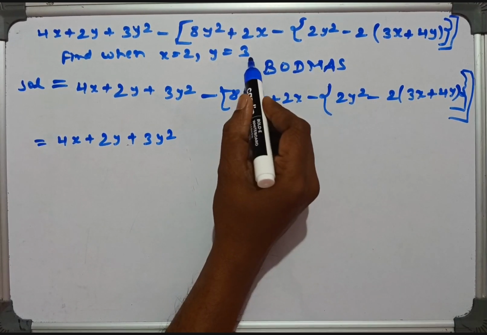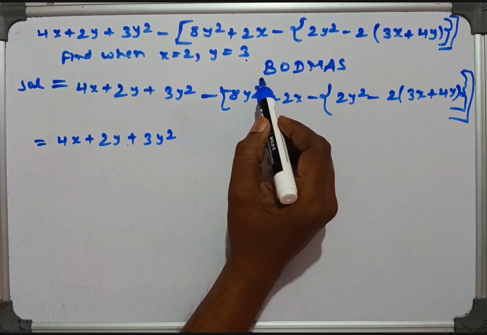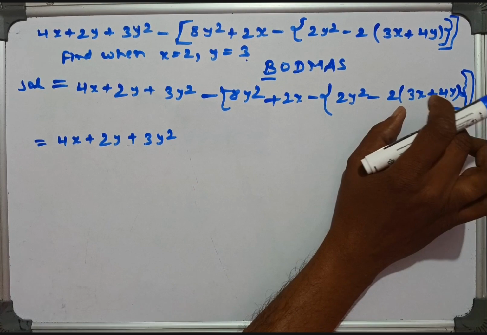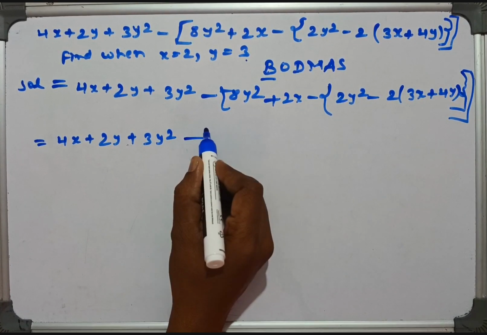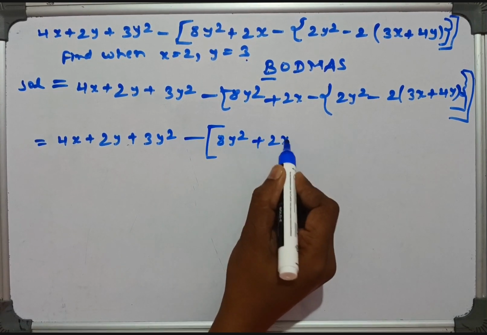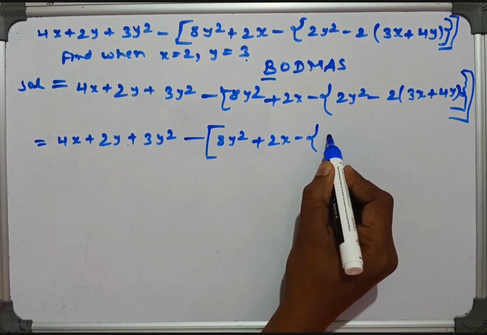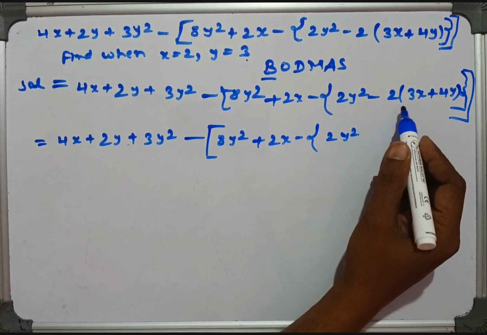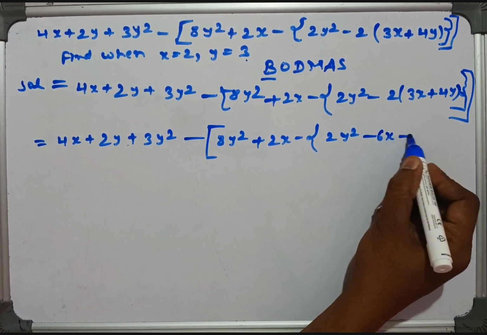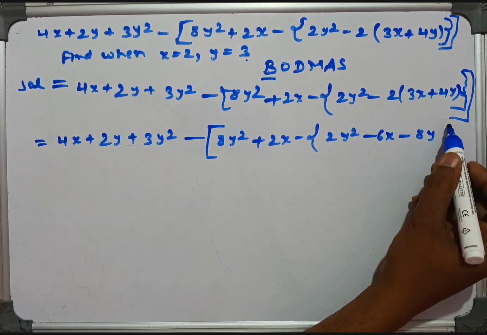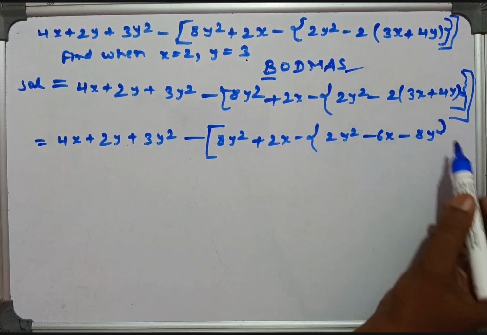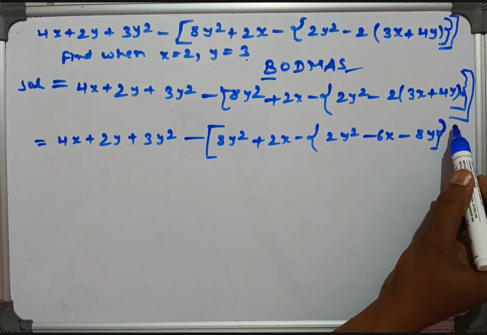Using BODMAS, we go left to right, B for bracket, so first we solve the small bracket. So 2x minus curly bracket 2y square, minus 2 into 3x is minus 6x, minus 8y. For more detail you can also follow the BODMAS video on multiplication of integers.